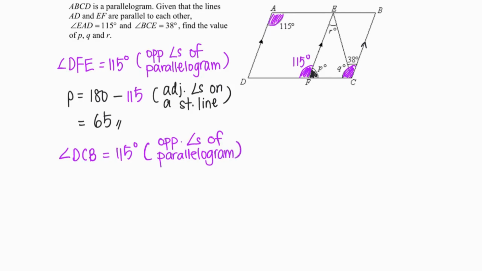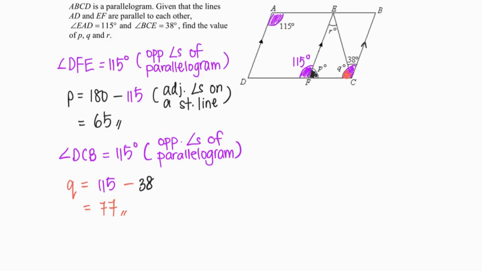So my Q, which is here, is simply 115. Again, this is talking about value, so I never put units. Minus the 38 to give me a value of 77.